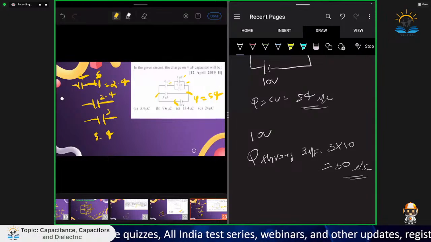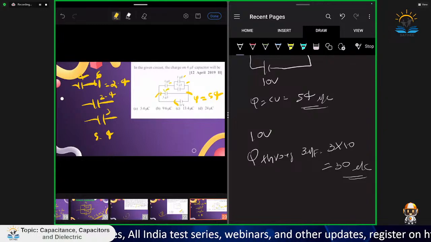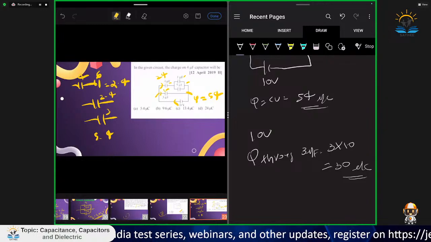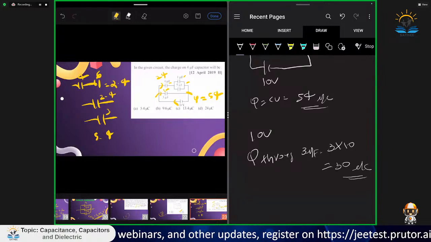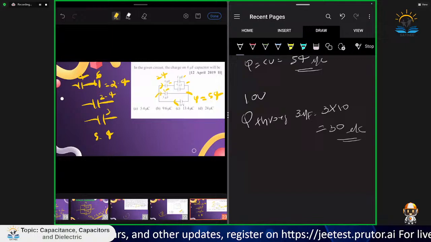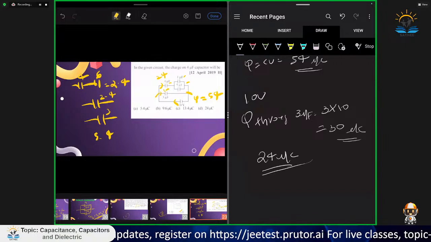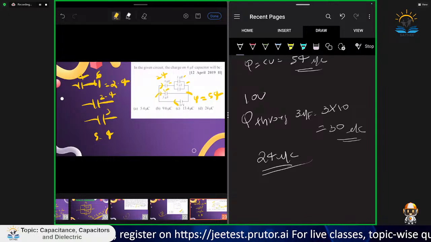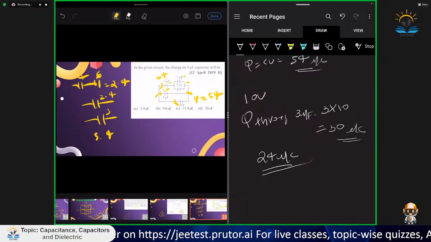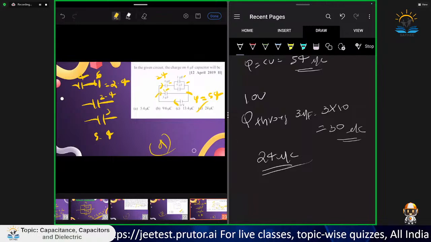So 30 will flow in this direction. So the rest 24 will flow through this above line. So across 4 microfarad, how much charge will flow? Easy, 24 microcoulomb. Easy question, right? So the answer is option D.